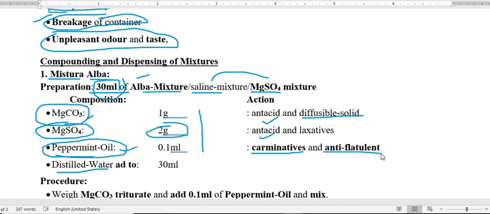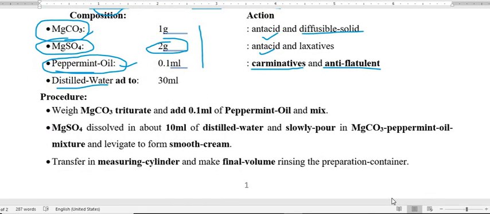Regarding the procedure of preparation, first we take the magnesium carbonate and make it into powder form in the mortar and pestle, and thereafter we directly mix this magnesium carbonate with the peppermint oil.